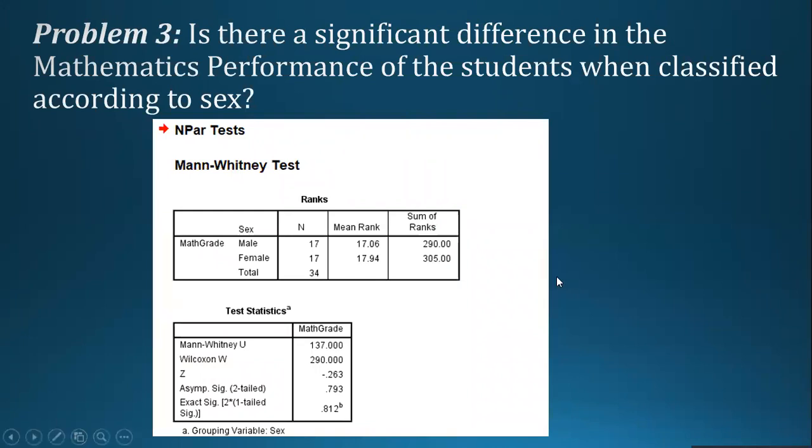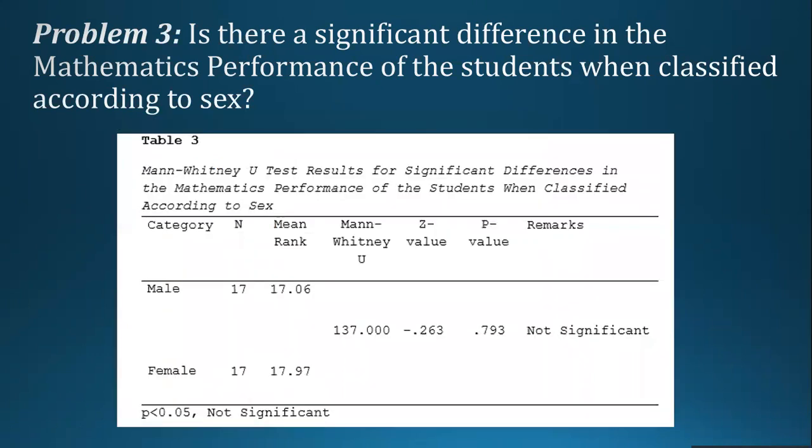We have the Mann-Whitney U value of 137.000, the Z value of negative 0.263, and the P value of 0.793. So let us now give the interpretation. The Mann-Whitney U-test results for significant differences in the mathematics performance of the students classified according to sex.